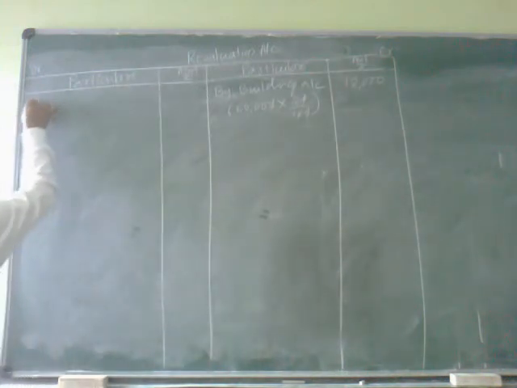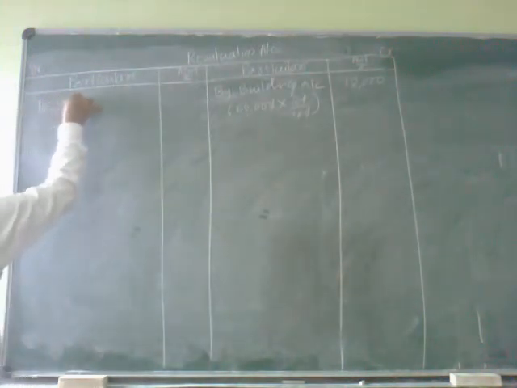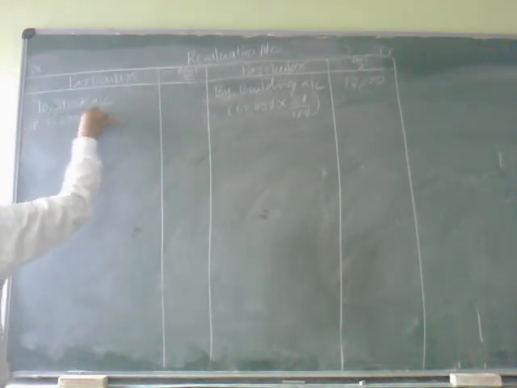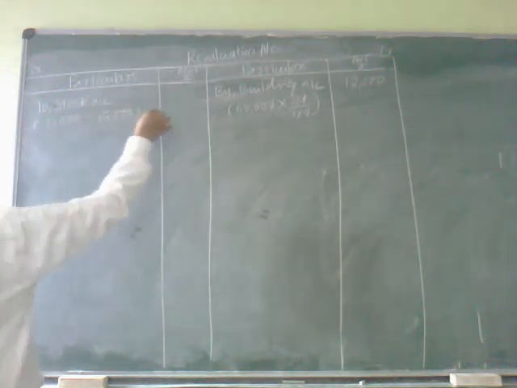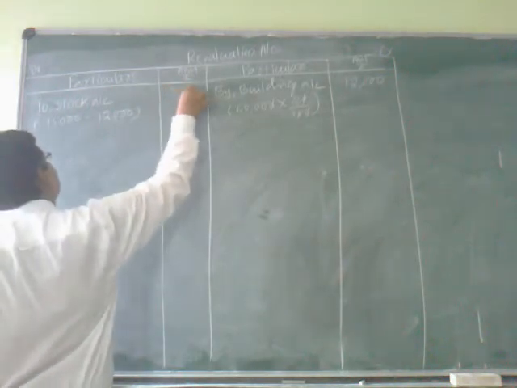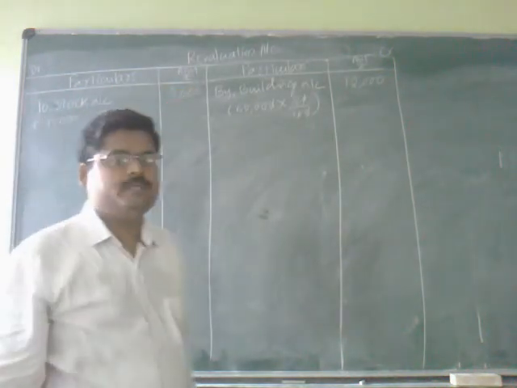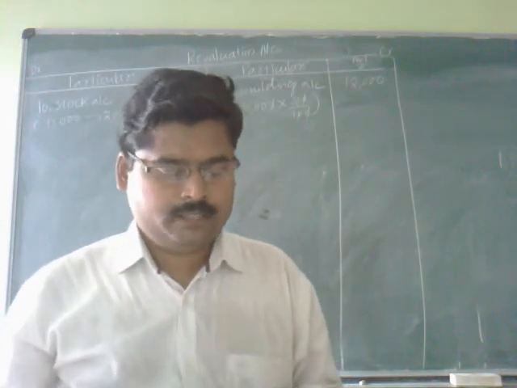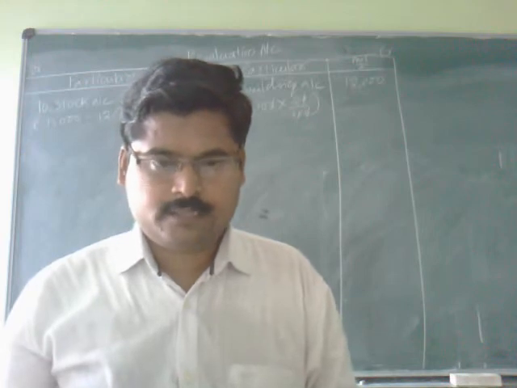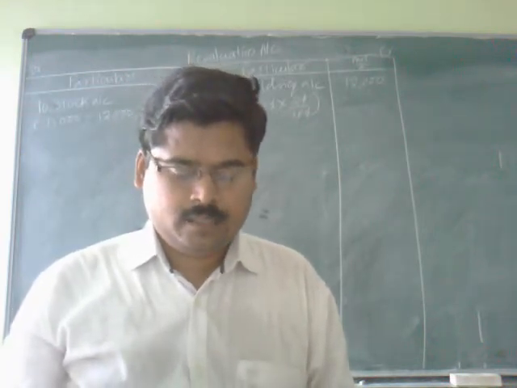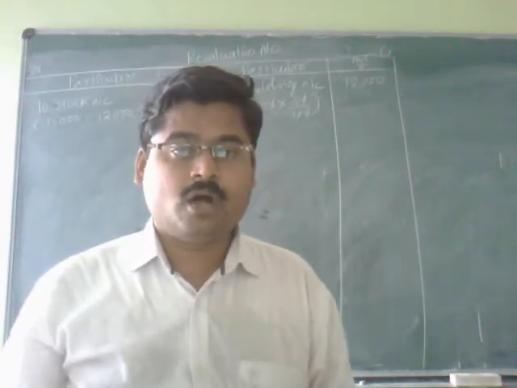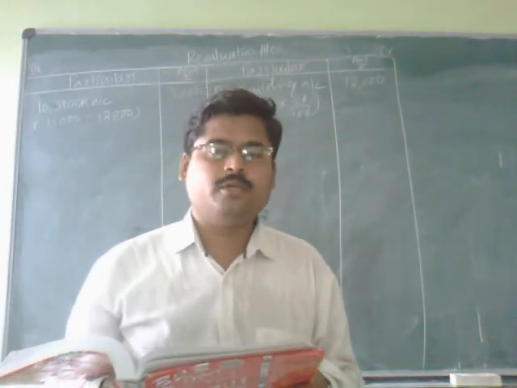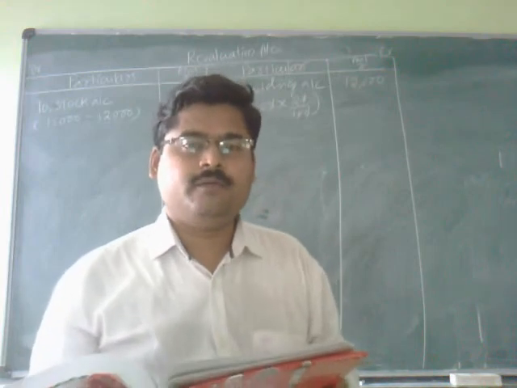To stock account, 15,000 minus 12,000, the difference will be the decrease, amounting to rupees 3,000. Go through condition C: provision for doubtful debts, that is PDD, is maintained at 5% on debtors. PDD is an expenditure, that is why I am going to record it at the debit side of the revaluation account.